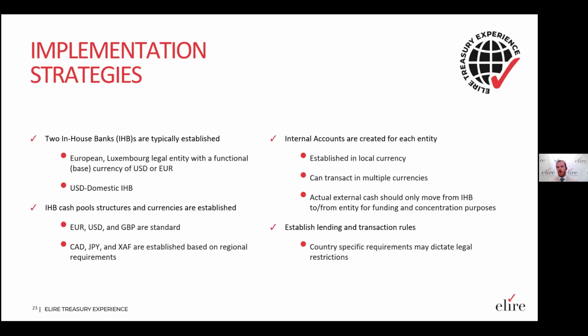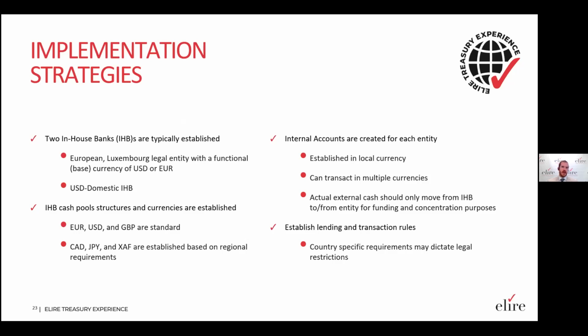And of course, all legal authorities and tax authorities within the organization need to be consulted when looking at setting up in-house banking. Maybe there are particular legal requirements that dictate that we either need one or two in-house banks. IHB pool structures are also important to note. So the IHB may directly settle in USD and Euro, but do we have cash pool structures that are set up for maybe our Euro, US dollar, Great British Pound?